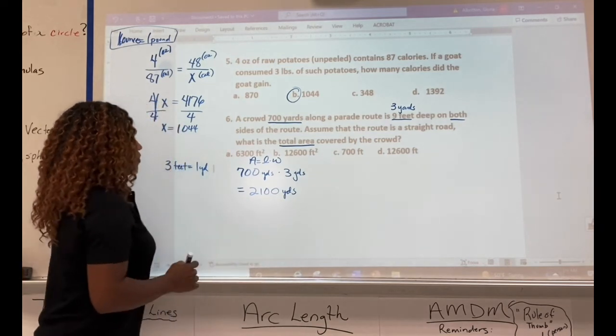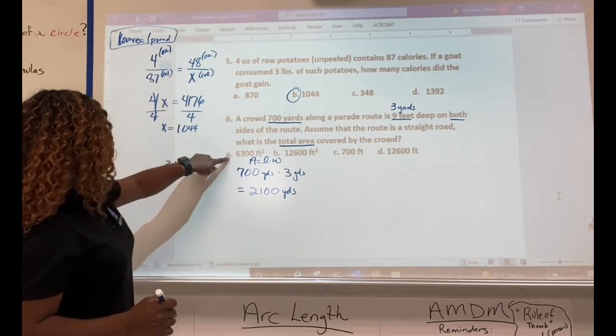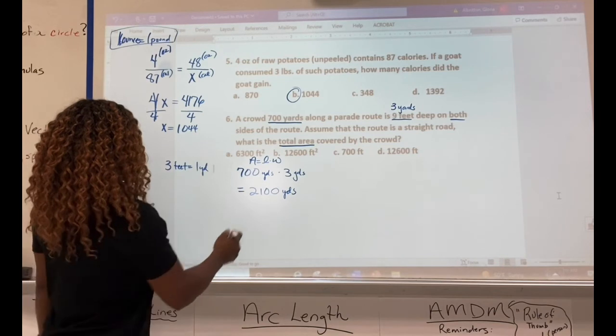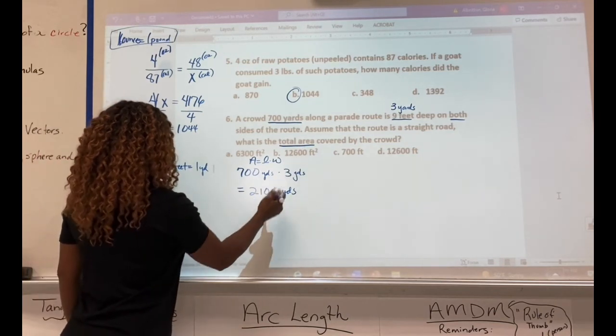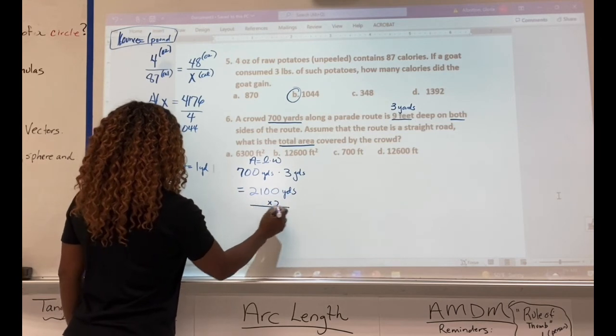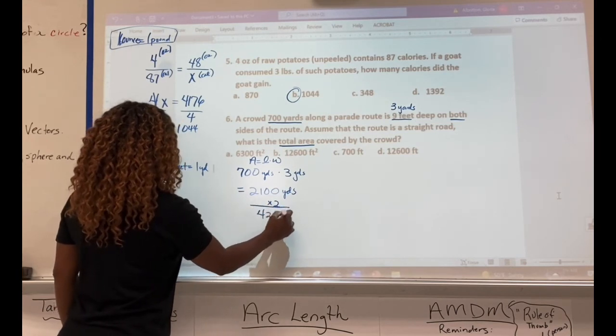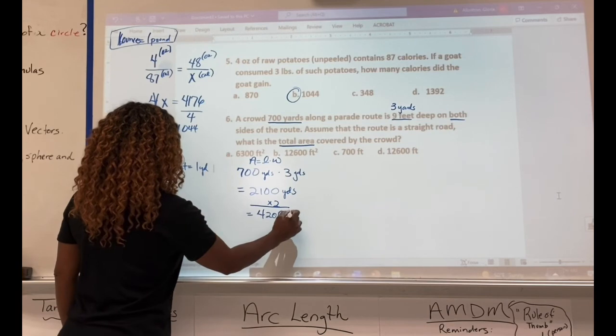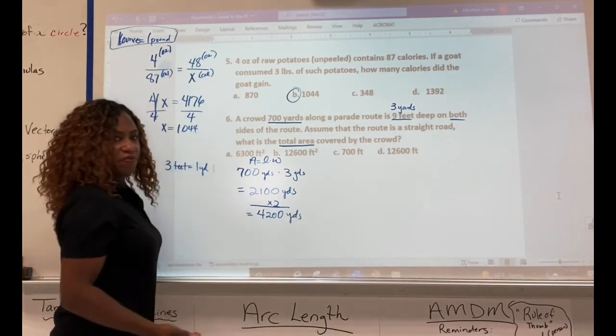All right, now if you notice, the answers are in feet. So I need to remember though that I've got 2 sides of the street, so I need to double this amount, which is 4,200 yards. But let's convert this to feet.